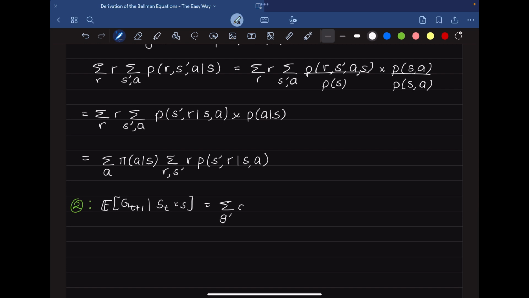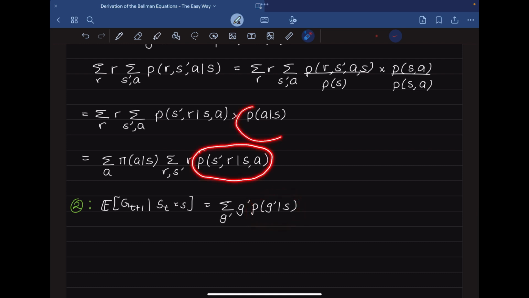So this is g prime times the probability of getting this return g prime given that we are in the current state S. Now, of course, we are not aware of this quantity, and I want to somehow be able to convert this quantity into this dynamics function as well as the policy and so on.